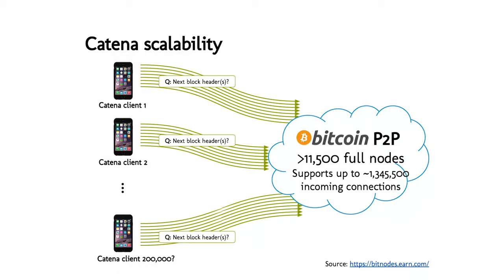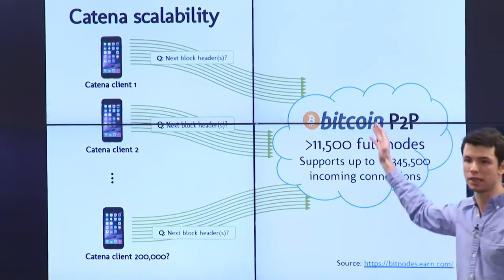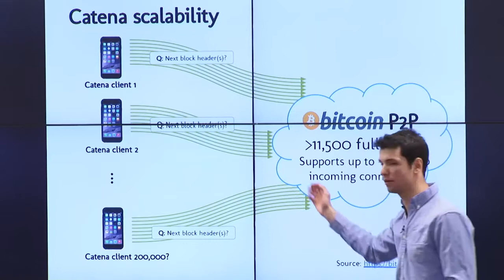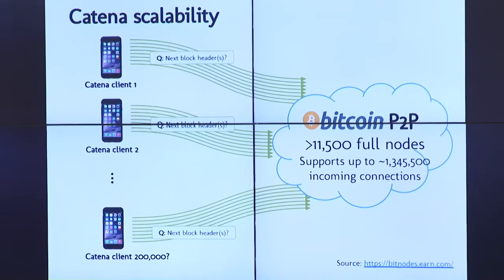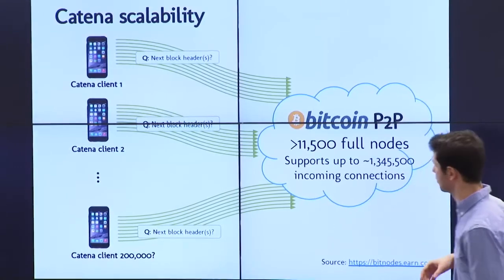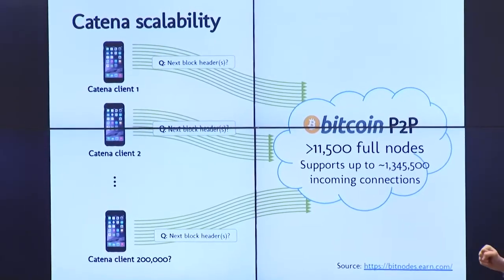Remember that part of the verification protocol is asking for these block headers from the peer-to-peer network, right? And in fact, if you're an SPV client, you usually open up around 8 connections to the peer-to-peer network. And if you're a full node in the Bitcoin peer-to-peer network, you usually support around 117 incoming connections.